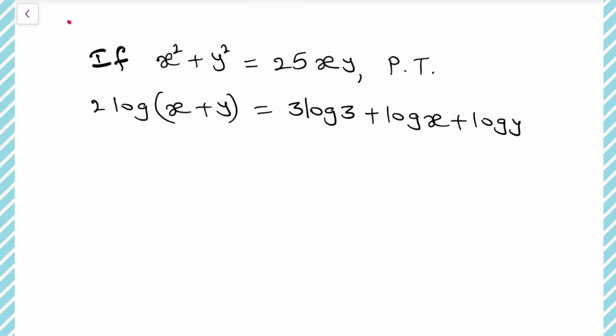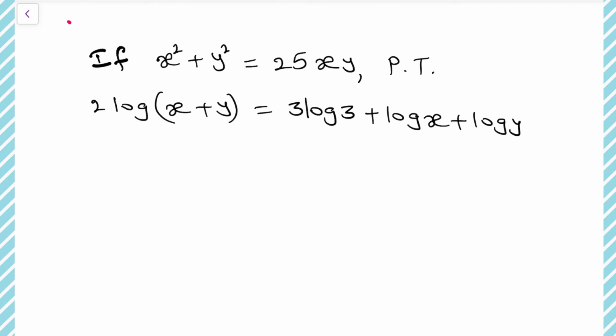Okay, this is one of the very important questions. If x square plus y square equals 25xy, then prove that 2 log of x plus y equals 3 log 3 plus log x plus log y. First check in the given question whether any negative symbol is there or not.